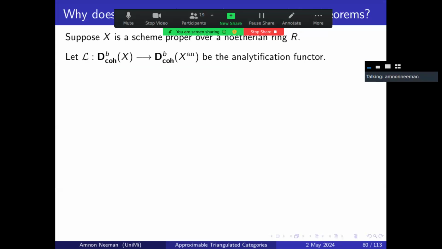And for those of you who are not familiar with the other examples, this is only one of a whole string of GAGA theorems.